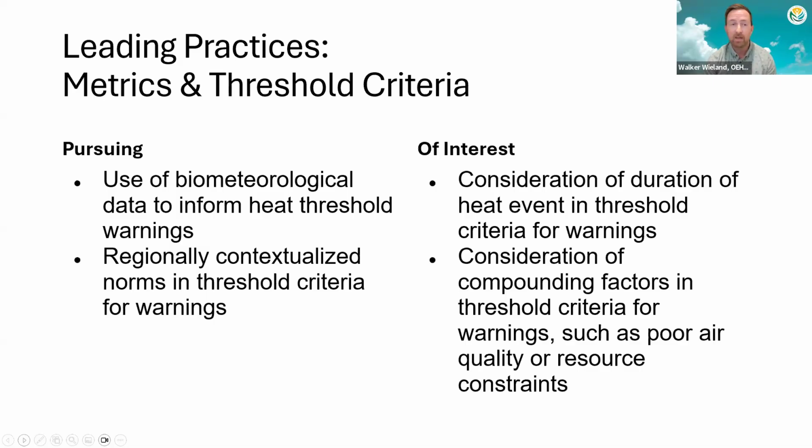We're also looking at regionally contextualized norms to form these thresholds. So we're looking at local emergency department data, local climate and weather conditions to help build out CalHeatScore. So those two bullets are really fundamental pieces of how CalHeatScore has been initially built.